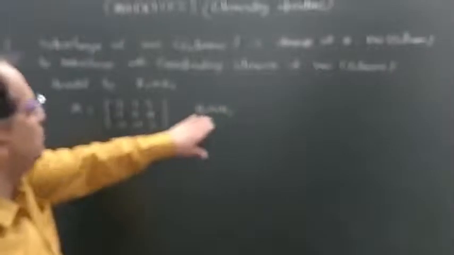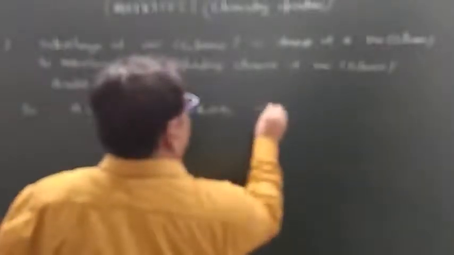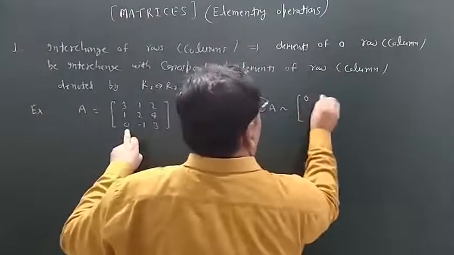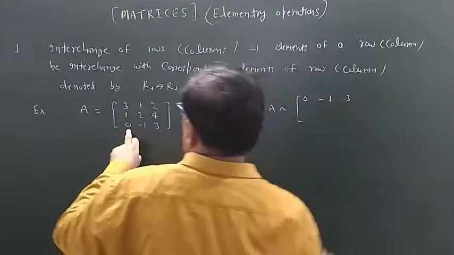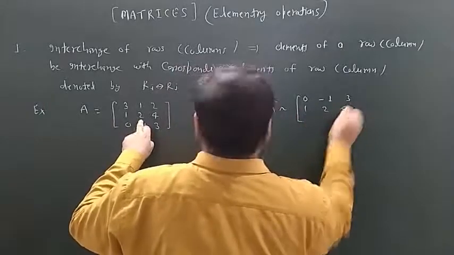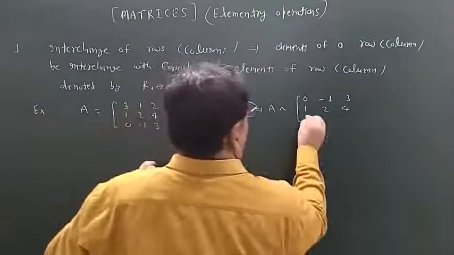This is known as R1 interchange with R3. This is the first row, this is the third row. So we can now write A as 0, minus 1, 3, 1, 2, 4 is the same, and 3, 1, 2.